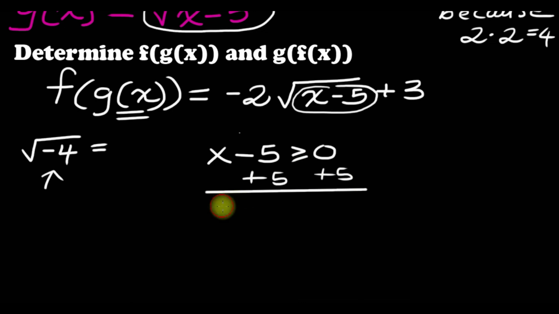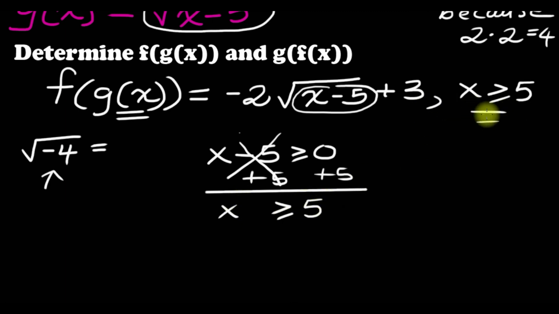Bring down the x. Negative 5 and positive 5 add up to 0, so those are gone. Then bring down the greater than or equal to, and then 5. So x has to be a number that's greater than or equal to 5. So x can be 5, 6, 6.5, 7, 7.1, and so on.